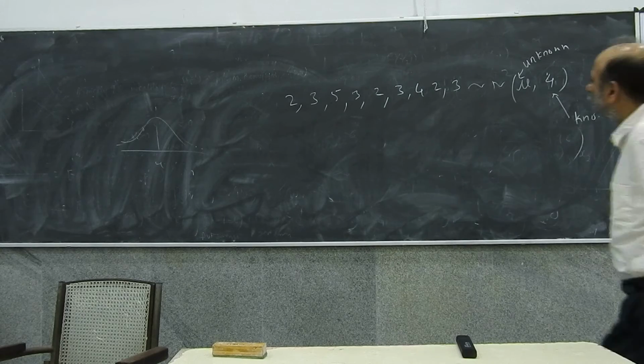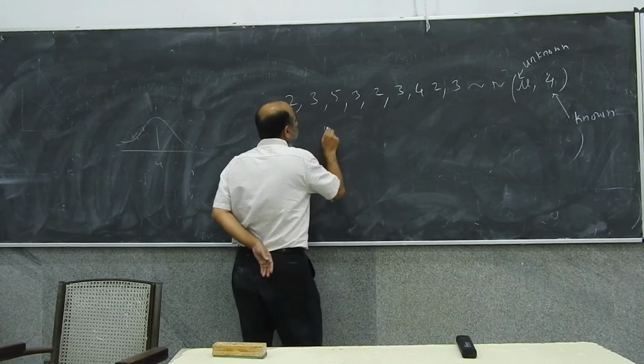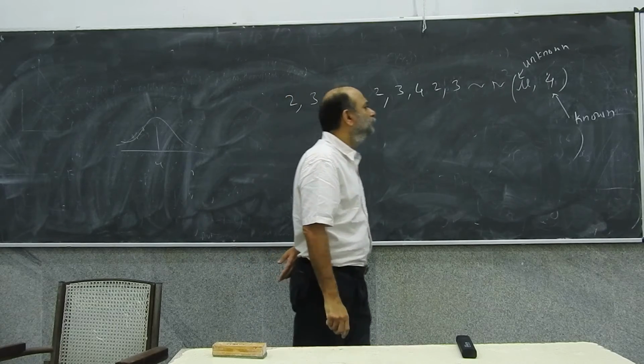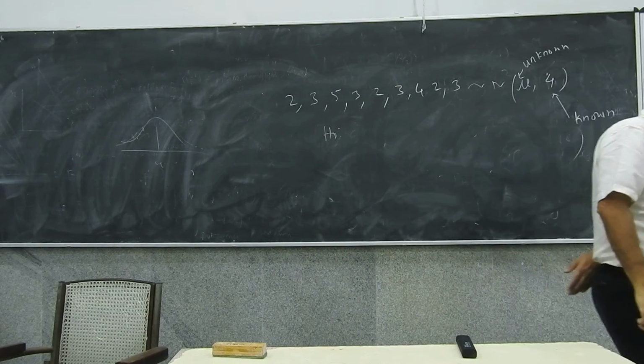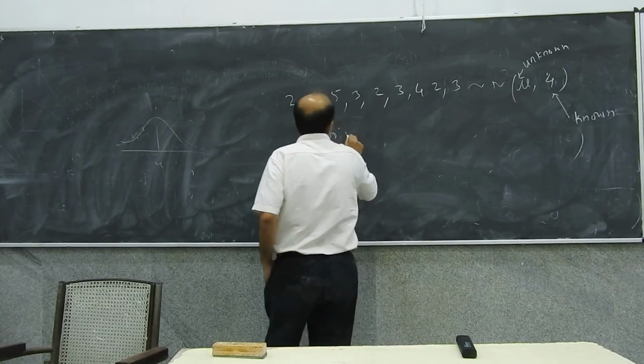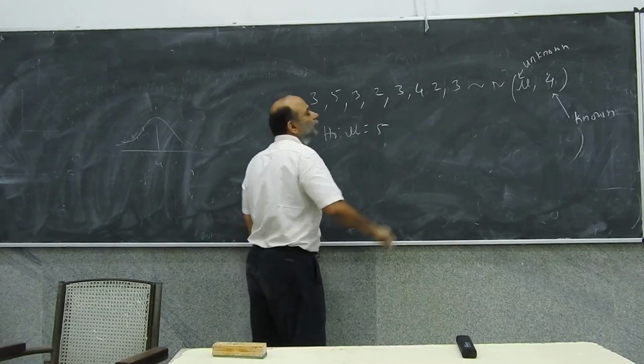So suppose we start by assuming that this sample actually comes from a population with a mean of 5. You asked me to check whether it's 5. Okay, let me start by assuming that this has come from a population with mean 5. So I say, let that presumption be the null hypothesis.